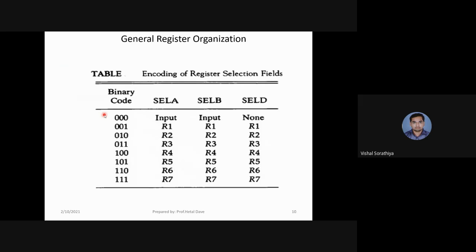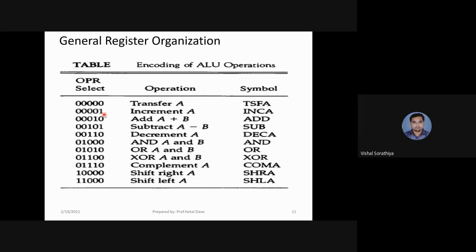It is your point of view which opcode you give to which operation. But identify your favorite 16 arithmetic and logical functions. Find out which 16 logical and arithmetic operations you will keep: add, subtract, add with carry, subtract with borrow, AND, XOR, XNOR, whatever you like.